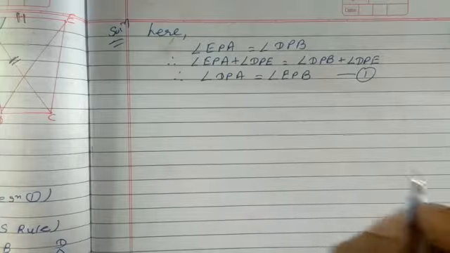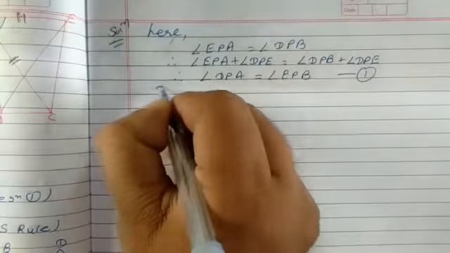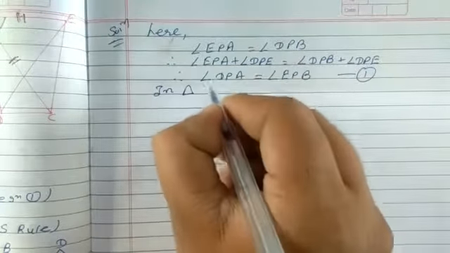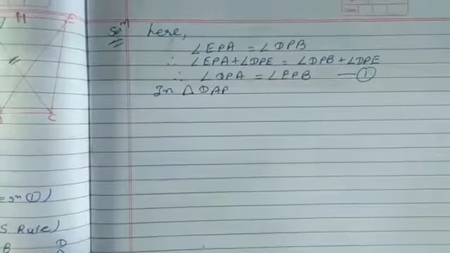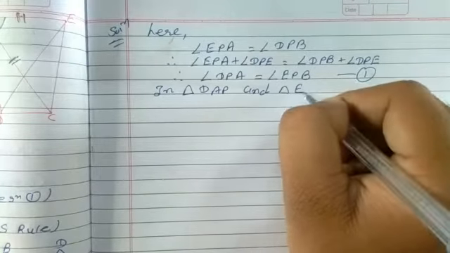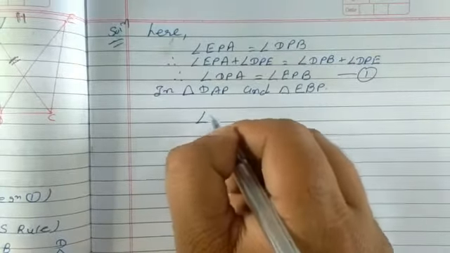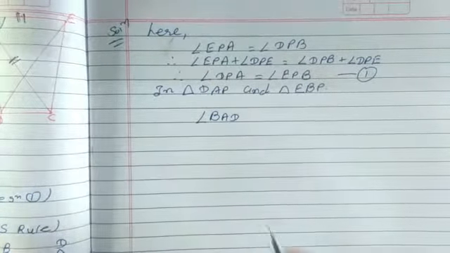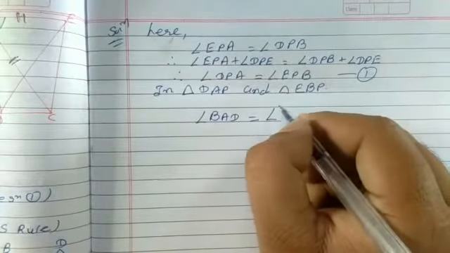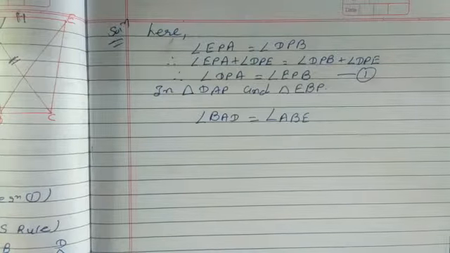Okay, now we need to prove that triangle DAP and triangle EPB both are congruent. So in triangle DAP and triangle EBP, okay, we can write angle of BAD is equal to angle of ABE, okay, which is our given.